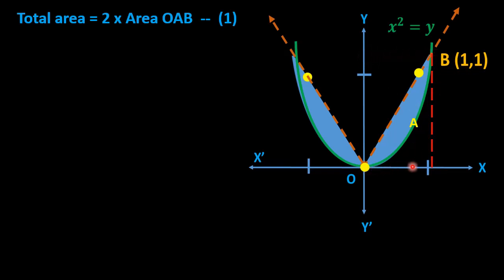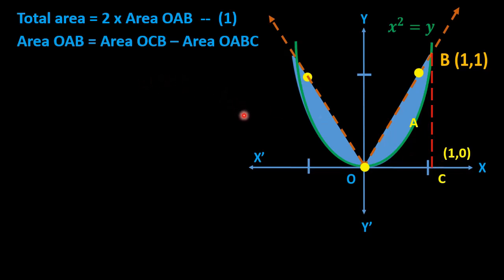So here also, as we have dropped the perpendicular, this point will be 1, 0, because the distance of this point from the y-axis will be 1 only, and the y coordinate is 0 on the x-axis. So let us name the point C, and the coordinate is 1, 0.